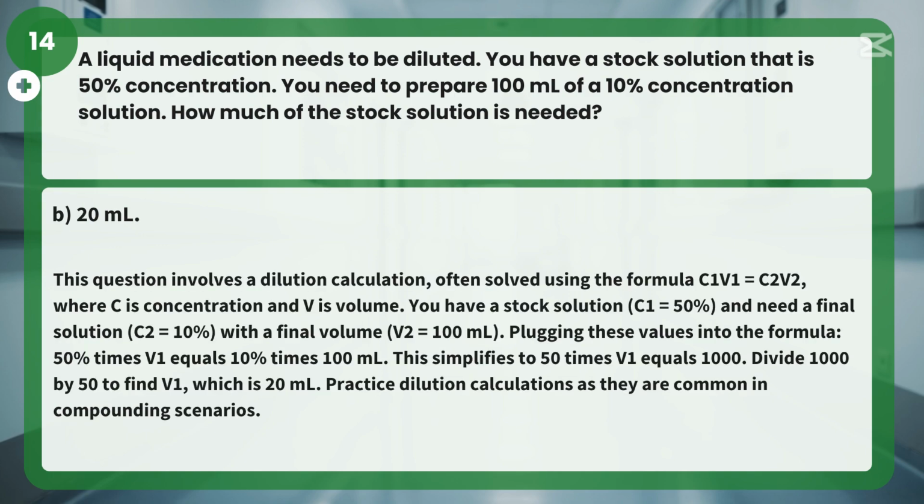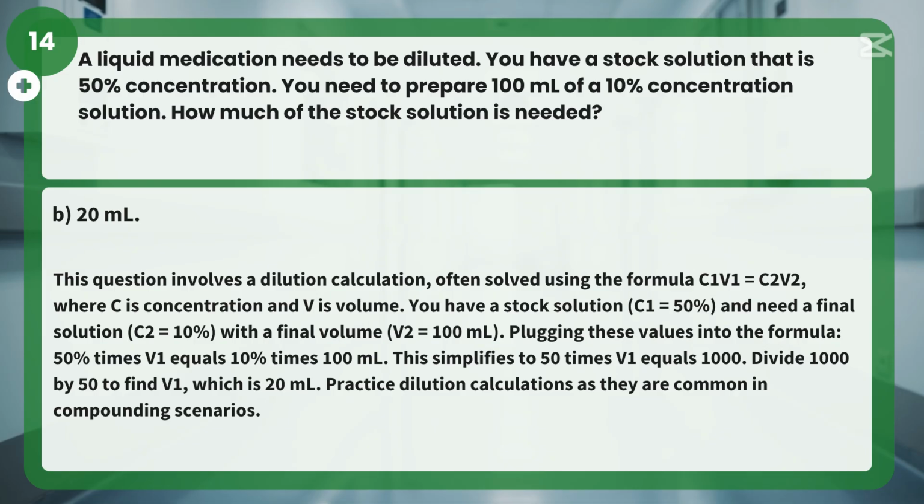Answer B. 20 milliliters. This question involves a dilution calculation, often solved using the formula C1V1 equals C2V2, where C is concentration and V is volume. You have a stock solution, C1 equals 50%, and need a final solution, C2 equals 10%, with a final volume, V2 equals 100 milliliters.